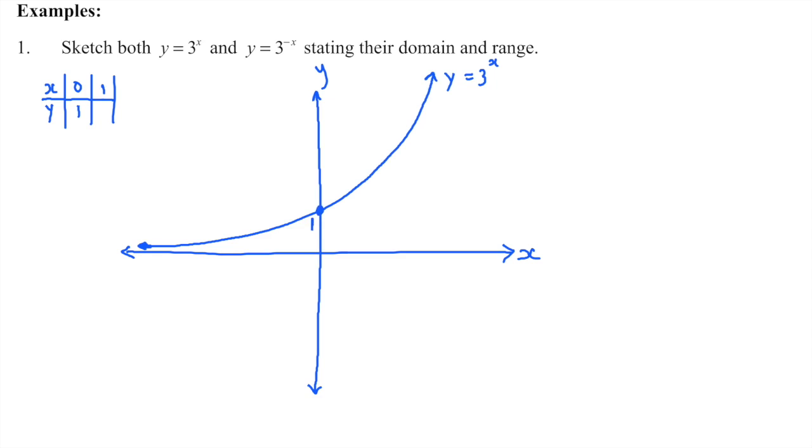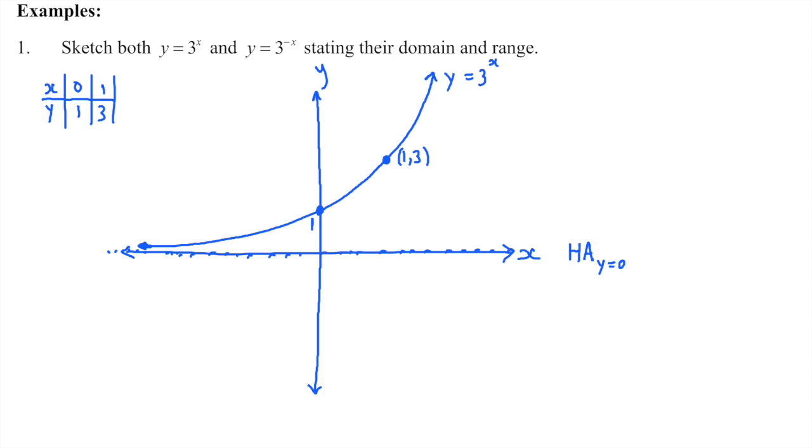When x is 1, 3 to the power of 1 is 3, so it goes through here at 1, 3. I have a horizontal asymptote, and the horizontal asymptote is the line y equals 0, so I can see that that's an asymptote there.